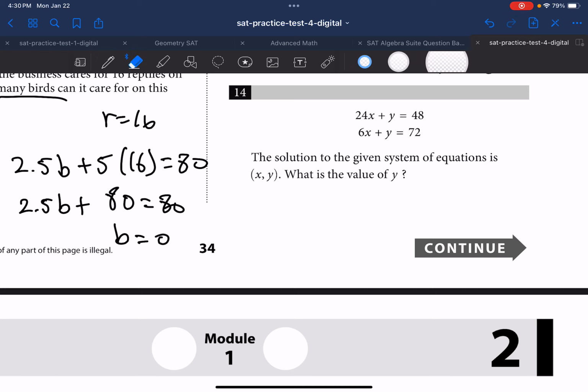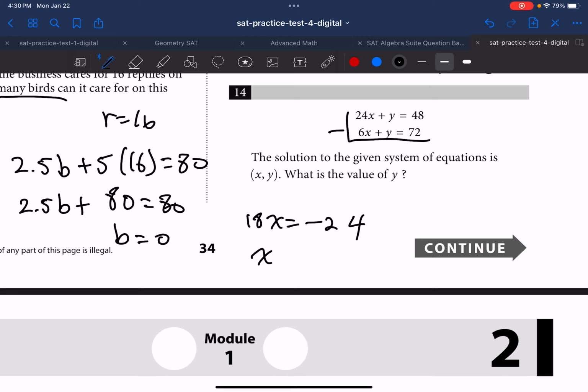So we just subtract both equations, and we get 18x equals negative 24, I believe. Yep. So x is equal to, if we divide both sides by 6, since that's the greatest common divisor, actually, divide both sides by negative 6, we get negative 4 over 3.